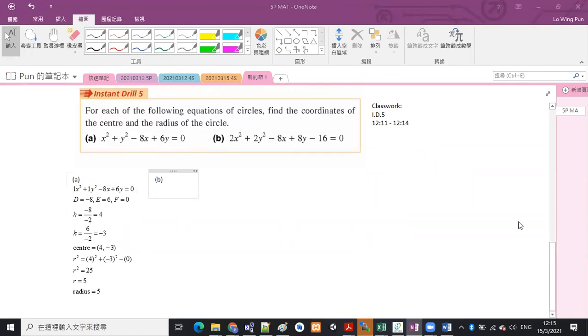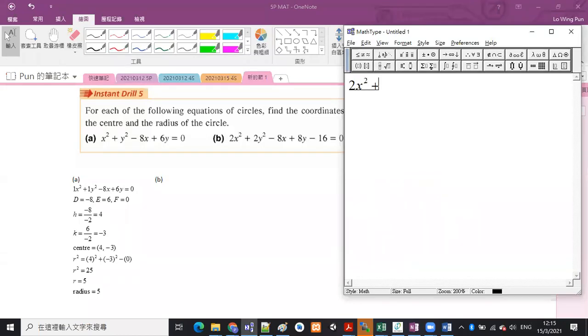Then part B. So we have 2x squared plus 2y squared minus 8x plus 8y minus 16 equals 0. The right-hand side is already equal to 0, but we have a number multiplying to x squared and y squared. It is not equal to 1 at this moment.